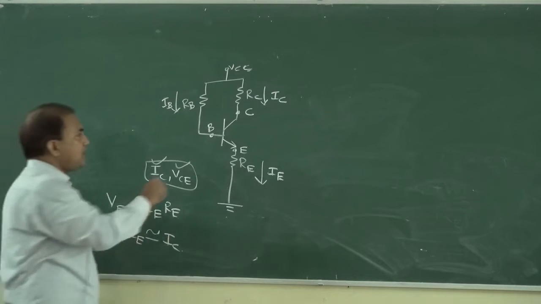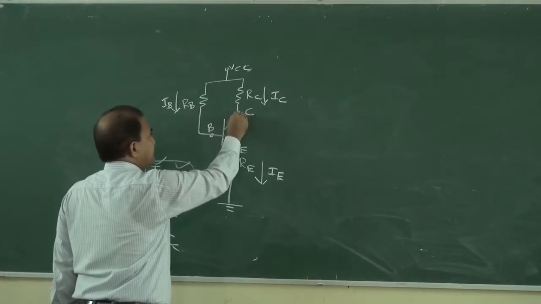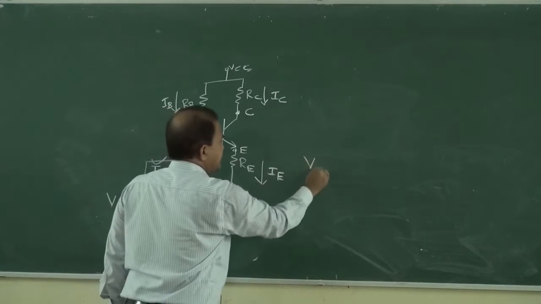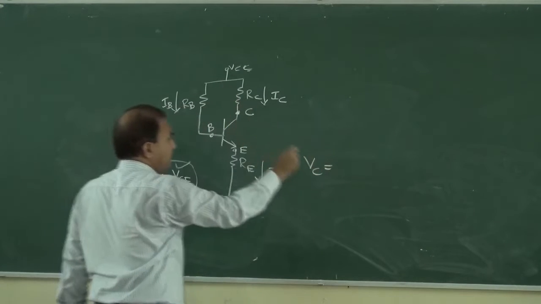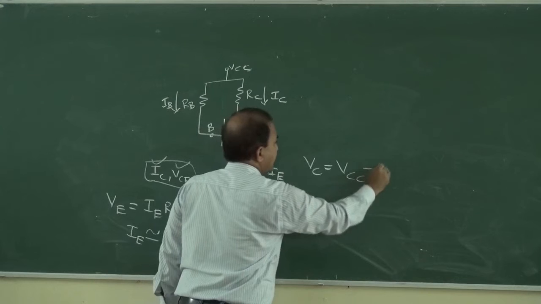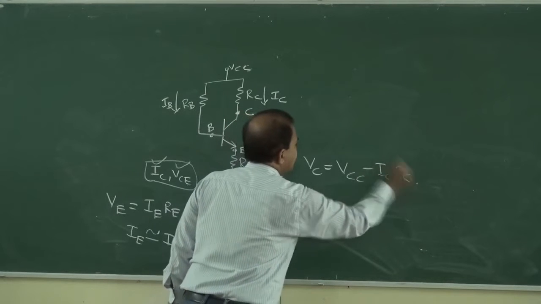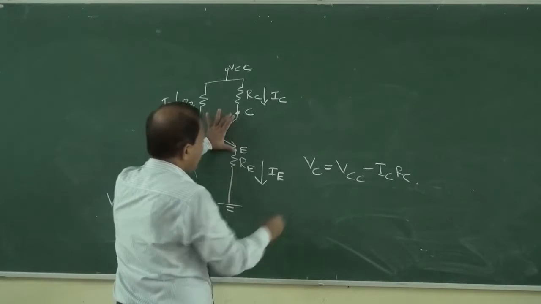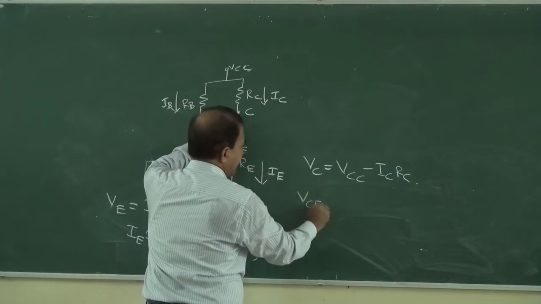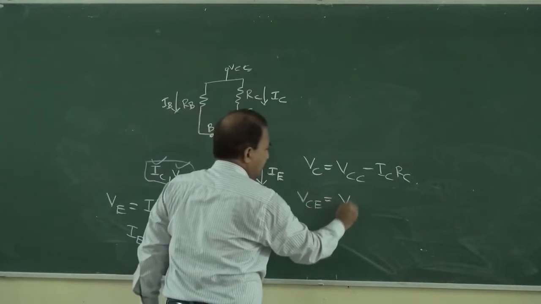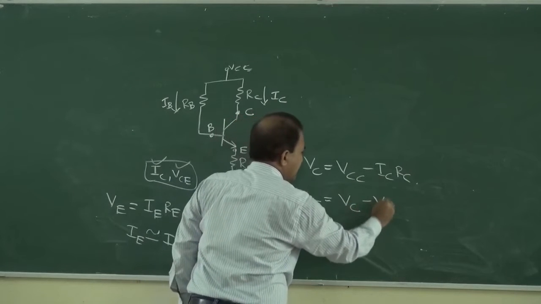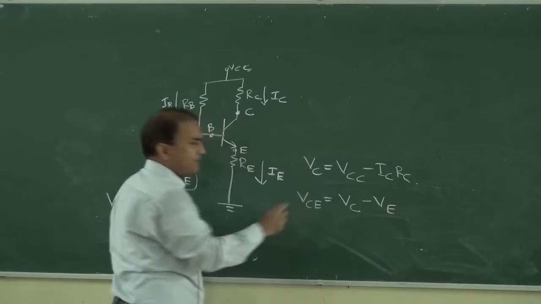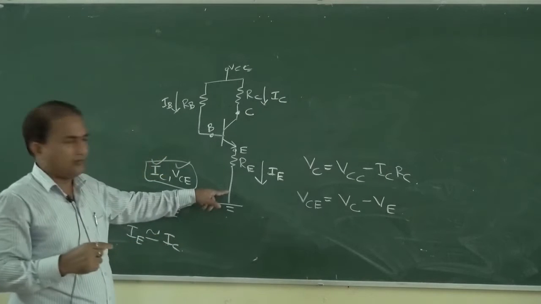Okay. Now how we can determine voltage at point C? VC it is equal to VCC minus ICRC, or another method, VCE, it is equal to voltage at C minus voltage at E, always with respect to this ground.